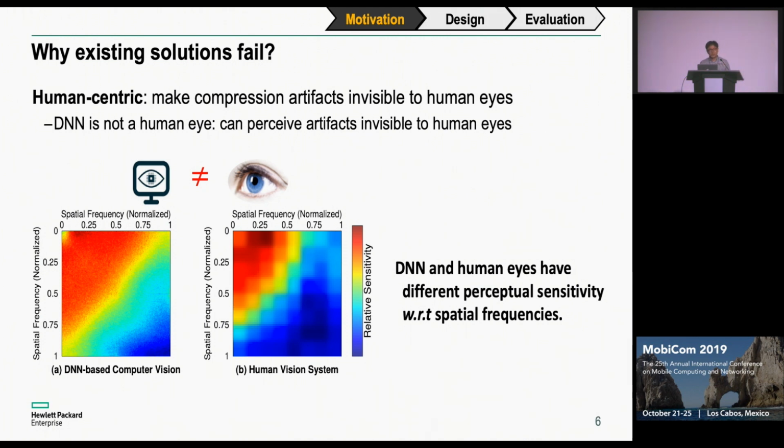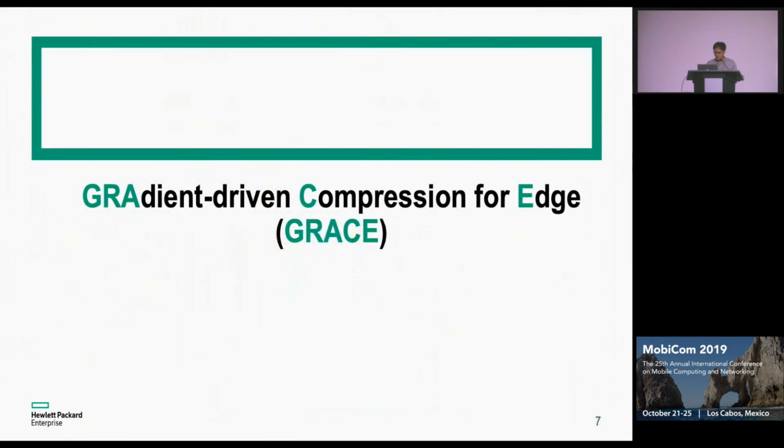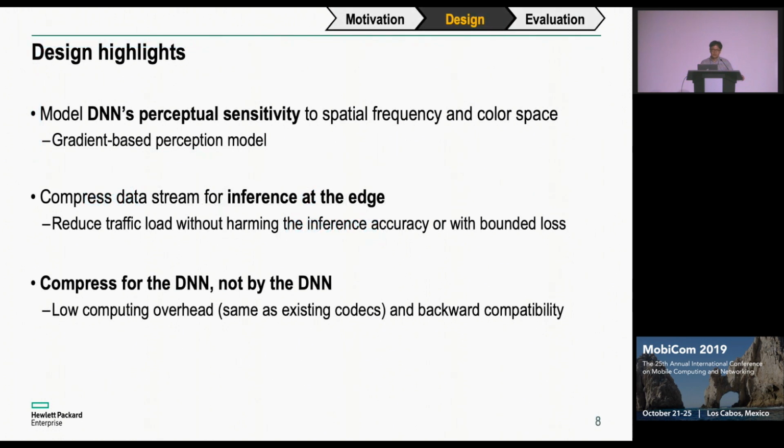Then the question is, can we make compression aware of these DNN characteristics? Our answer is yes, and we propose a solution called GRACE. GRACE has 3 design features. First, GRACE models the DNN's perceptual sensitivity with respect to spatial frequency and color space by using the gradients from the deep neural networks.